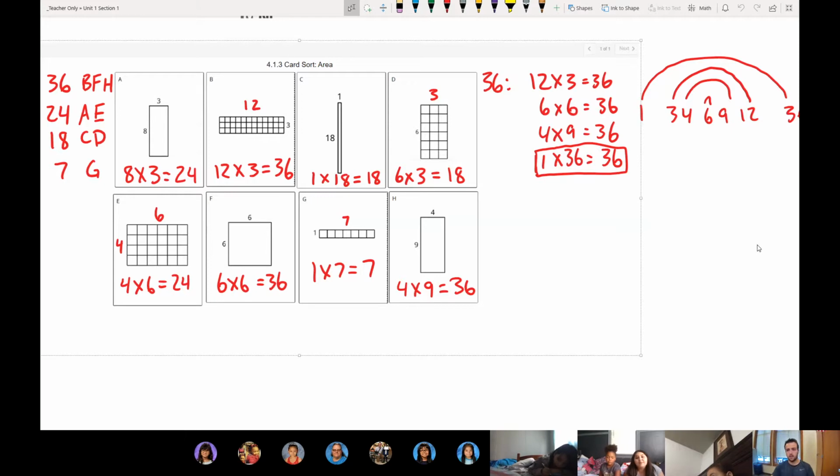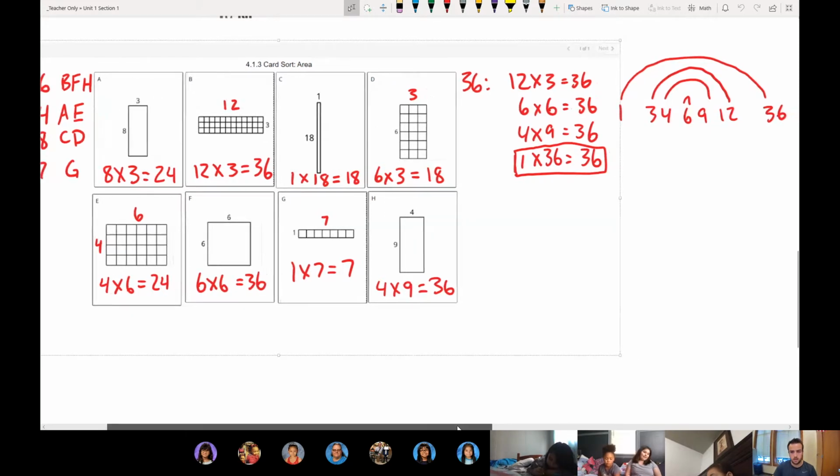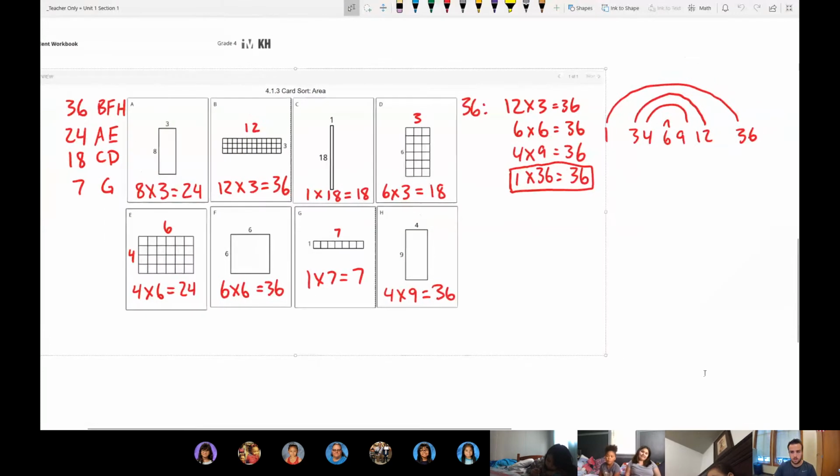And it's 2. Are you trying to come up with one for 2? Yeah, but I don't know what. What happens if you cut 36 in half? You divide 36 by 2. It's a tough one.